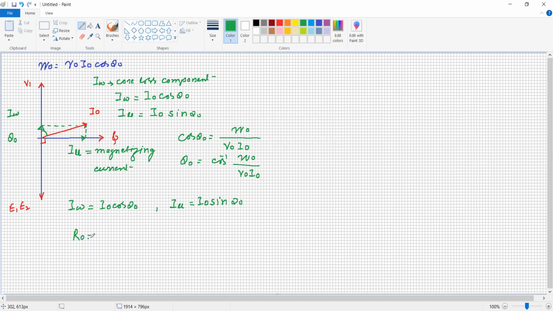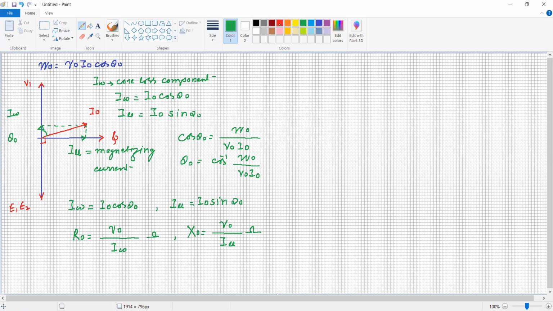R0 is equal to V0, the rated applied voltage, divided by IW, in ohms. Similarly, X0 is equal to V0 divided by I mu, also in ohms. So these are two parameters of the equivalent circuit.